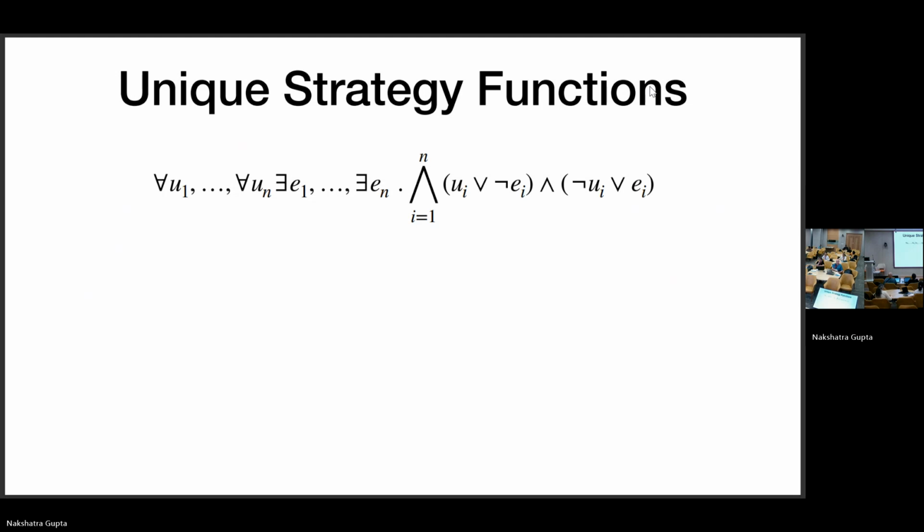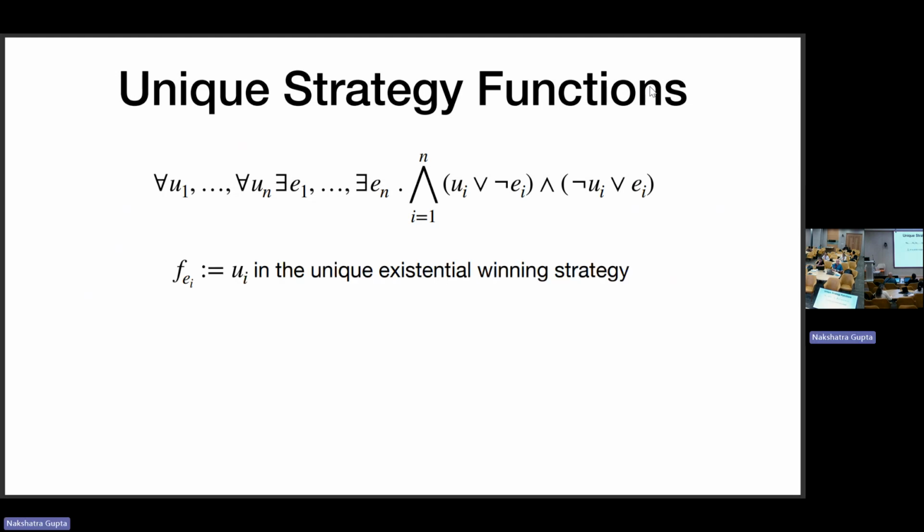What you can observe is that these constraints by themselves immediately give you the right strategy for the existential player. For variable Ei, these two clauses amount to an exhaustive case distinction.